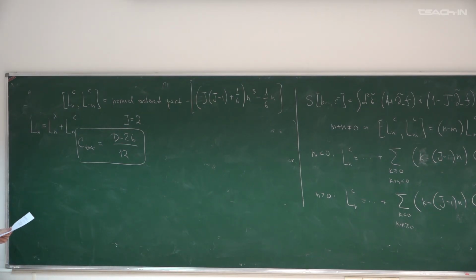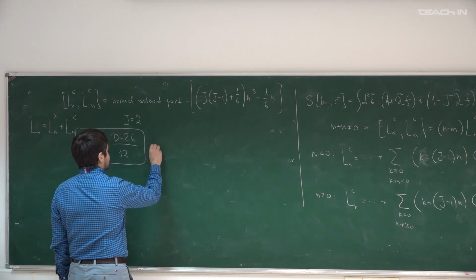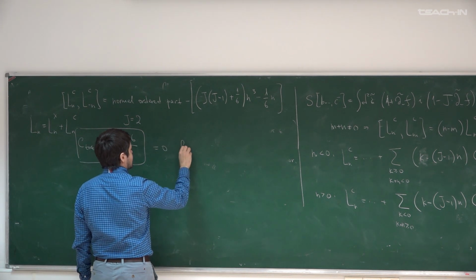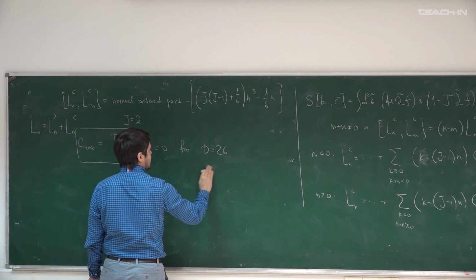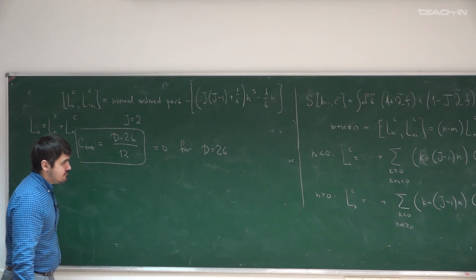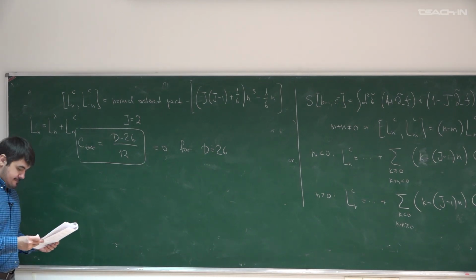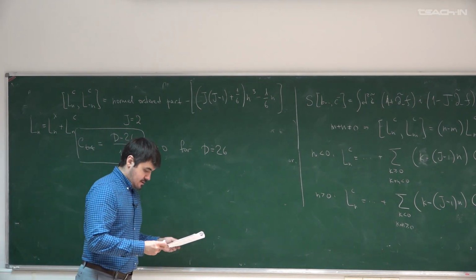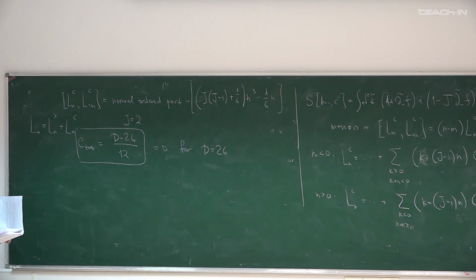And so miraculously, this is exactly 0 for d equal to 26. This is the main reason for calculating this central extension of the ghosts, to find that the total central charge will be 0 for d equal to 26.